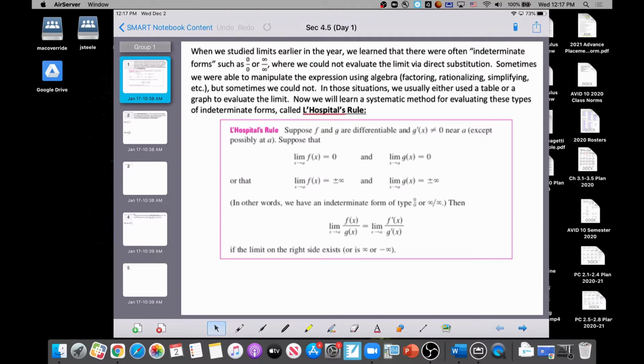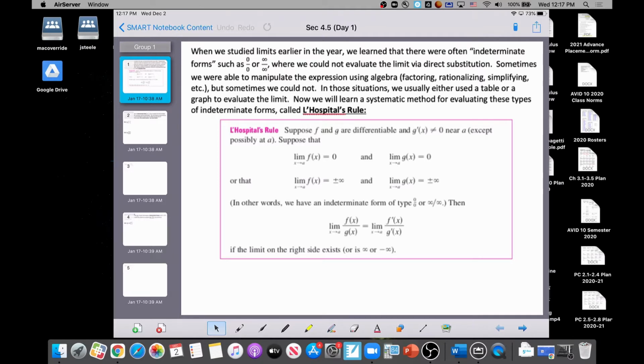When we first started studying limits at the beginning of the school year, we learned that there were things called indeterminate forms, like 0 over 0 or infinity over infinity. Remember when we sorted our limits into 3 piles, type 1, type 2, and type 3? These were the type 3 pile where we couldn't evaluate it with direct substitution, and there was no algebra that we could do.